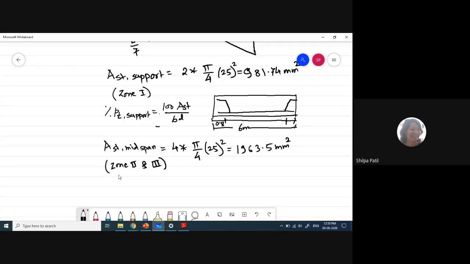So what is the value? 0.54. And this percentage steel will remain as it is, whatever we have calculated for the first problem, which was coming as 1.1, am I right? 1.1%.